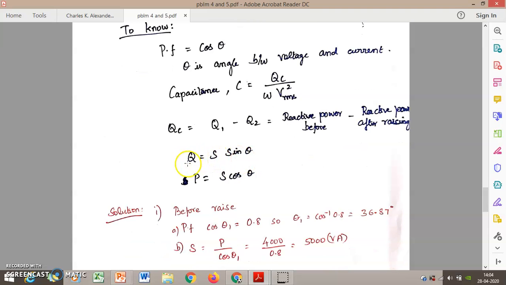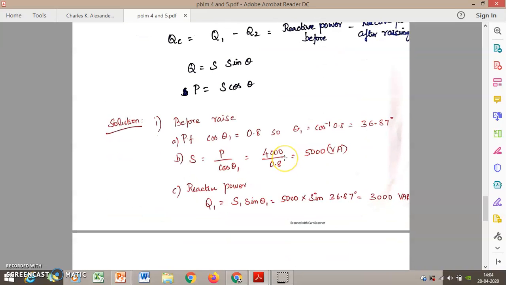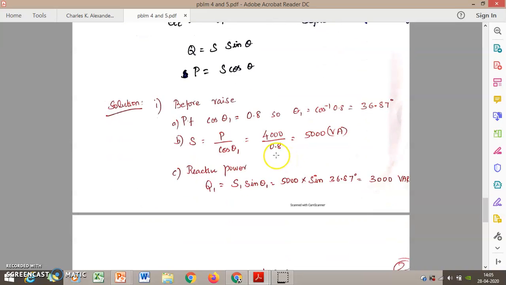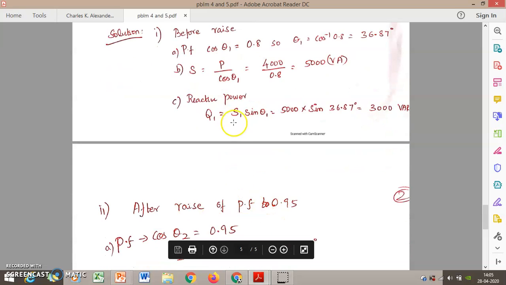Now what is the formula for calculating Q from apparent power? Q is equal to S into sin theta, P is equal to S into cos theta. We know P, from this we can calculate Q if we know S and sin theta. So divide the question into two parts, before raising and after raising.